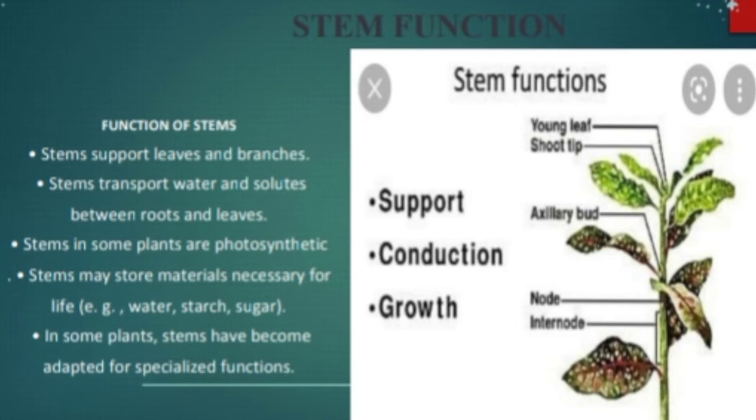Stems support leaves and branches, and stems transport water and solutes between roots and leaves. Stems in some plants are photosynthetic. Stems may store materials necessary for life, for example water, starch, and sugar. And in some plants, stems have become adapted for specialized functions.